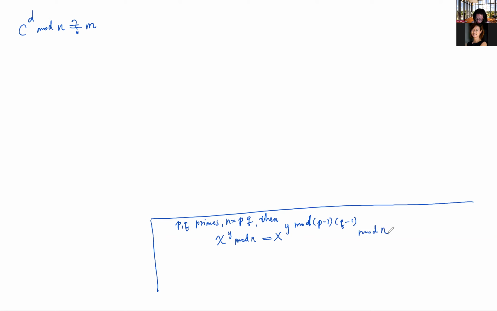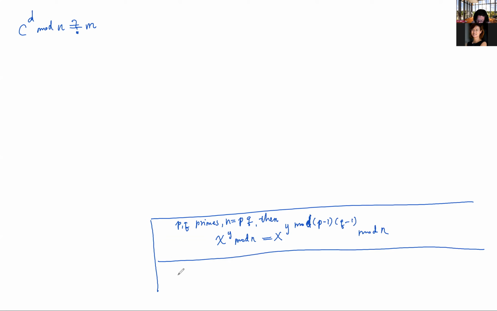This is just a number theory fact, and people knew about this for a long time. But we're going to use it.